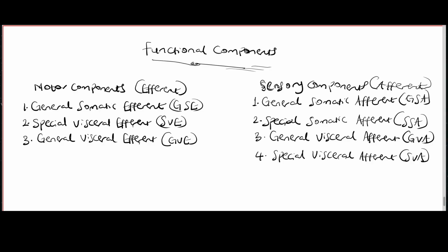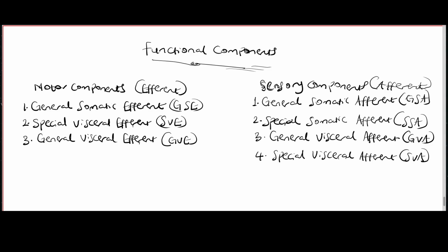Essentially, a nerve fiber can either carry motor information or sensory information. That's why we have the efferent components and the afferent components. Next, in these functional components we can see somatic and visceral. Somatic simply means the body wall structures, usually the skin or skeletal muscles, while visceral means internal organs, or automatic body functions.